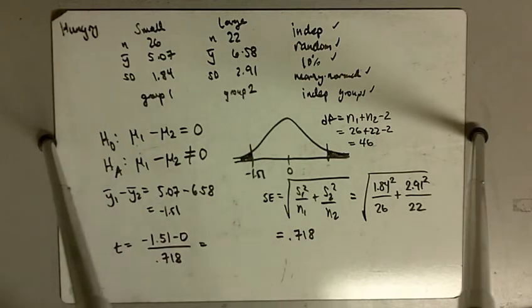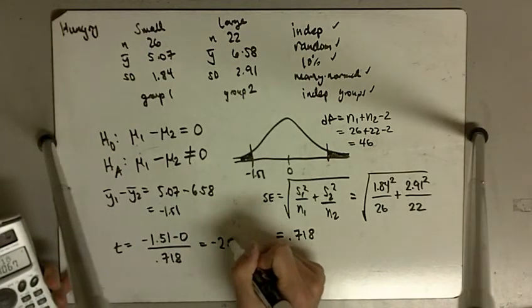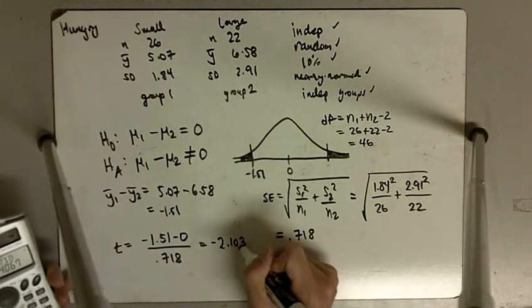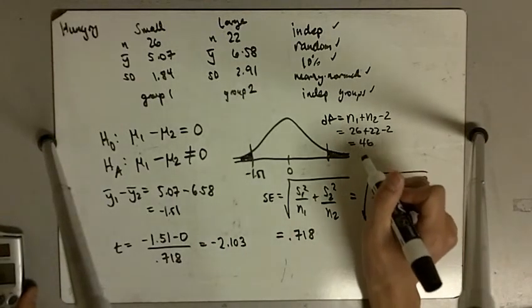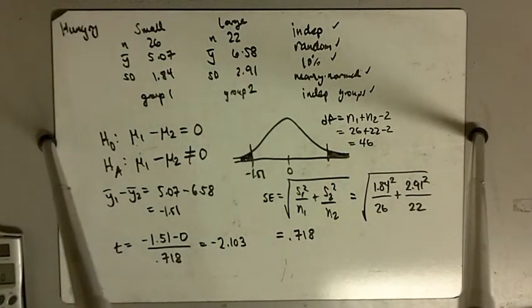So our t-statistic ends up being negative 2.103. So negative 2.1. And we're going to look up on our t-table where we have 46 degrees of freedom.